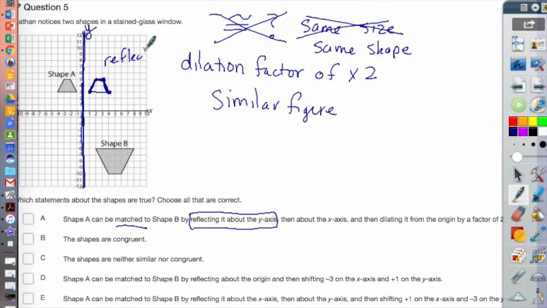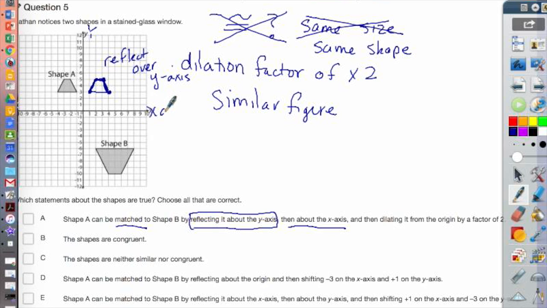Reflect over the y-axis. Next it says then about the x-axis. Okay, well then I'm going to take this and I'm going to be reflecting it down. It's 3 up. Let me erase this. Because now I'm going to do it over the x-axis.